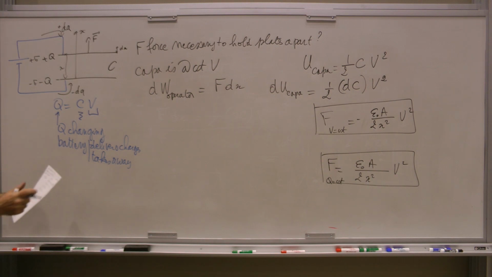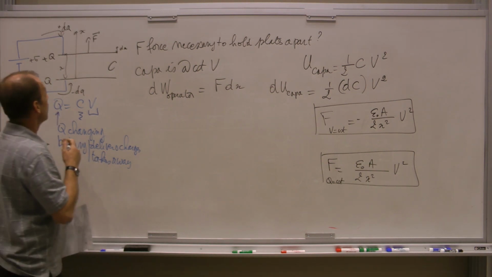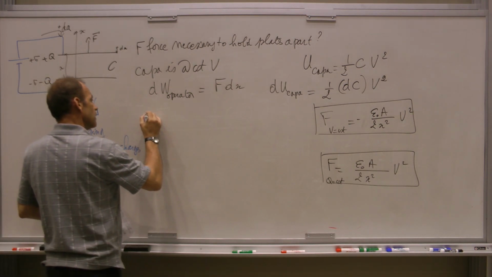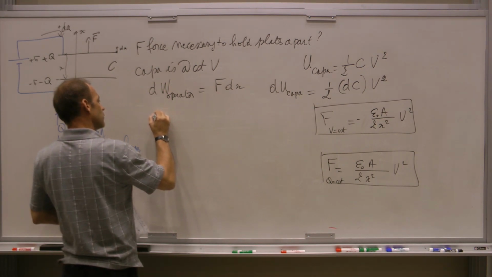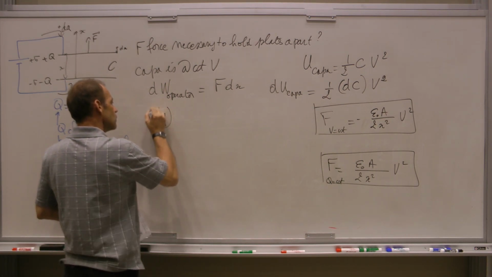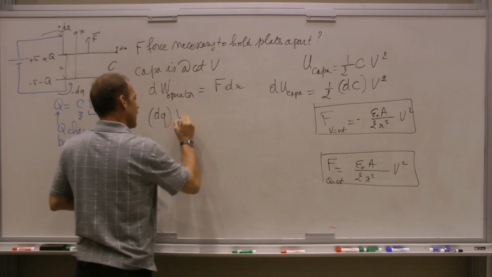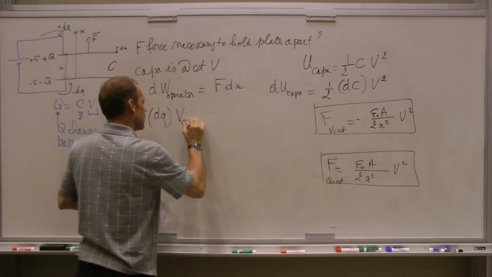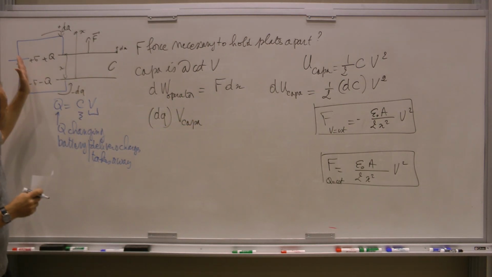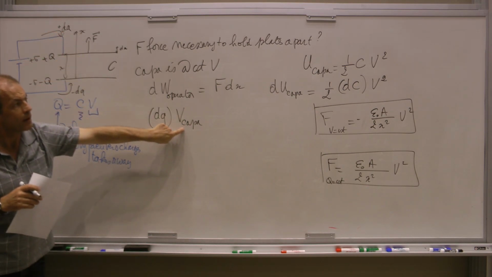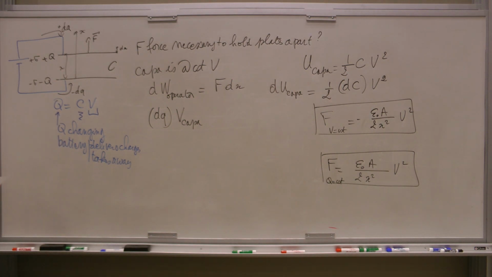So what is the amount of energy associated with that motion? Well, the amount of energy that the battery developed is going to be the dQ times the potential at which the capacitor is held, so the V of the capacitor. That's the amount of work that the battery has to do to push this charge up to the potential held by the capacitor at that moment.